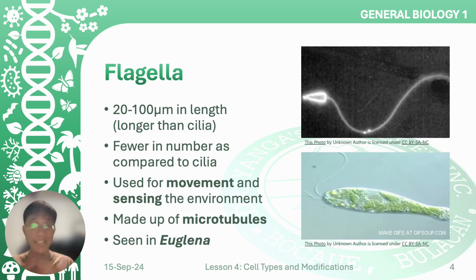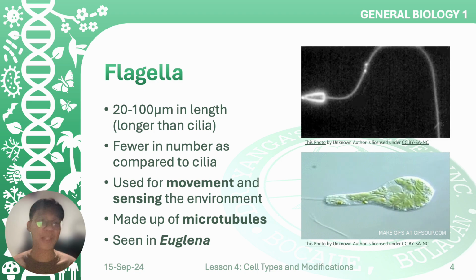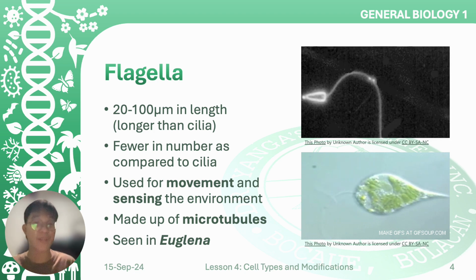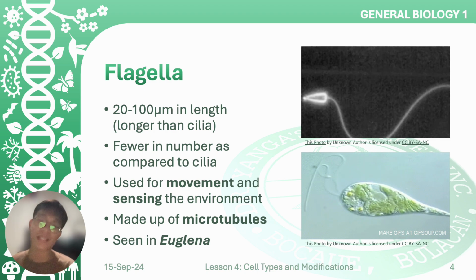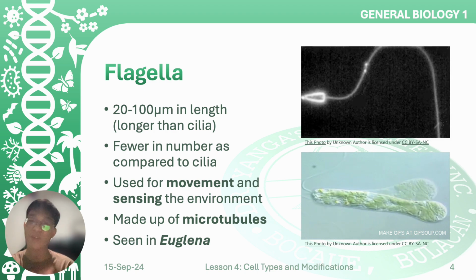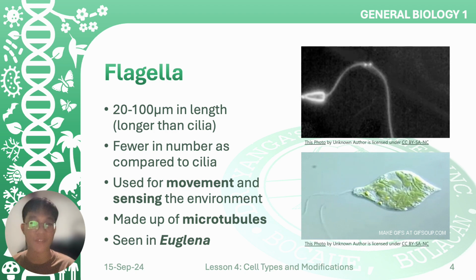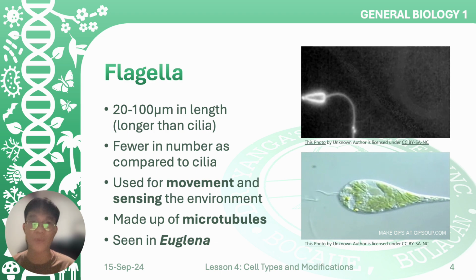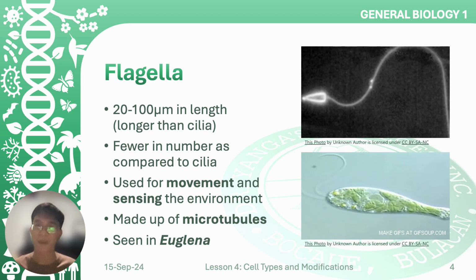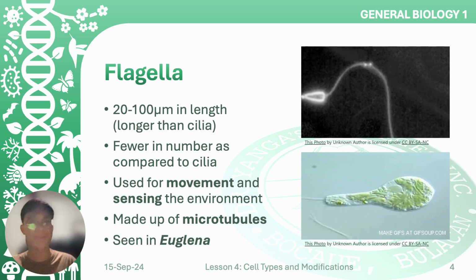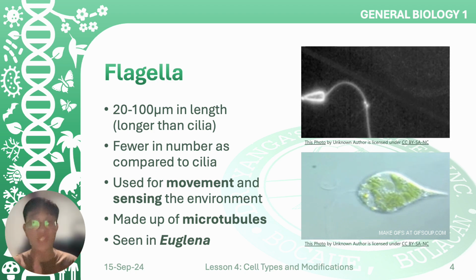But just like the cilia, they're very similar in terms of function. They're used for moving and sensing the environment, just like the slides or the figures shown on the right side of this screen. We can see the euglena below, and I think this is a sperm cell above that would wag its tail. That's its flagella.